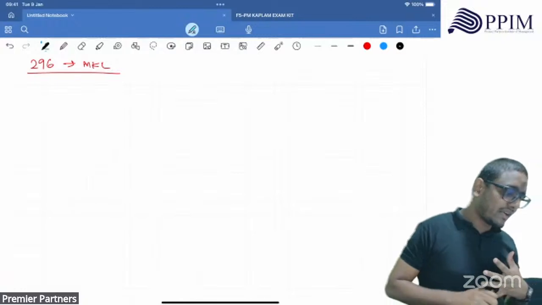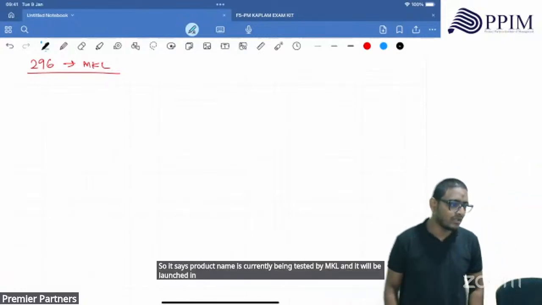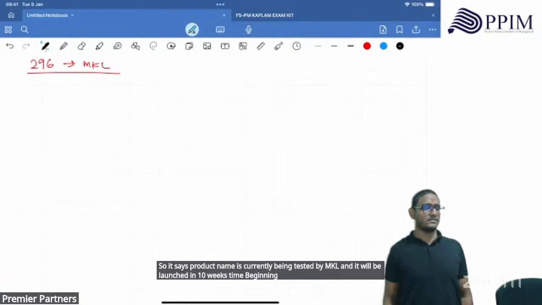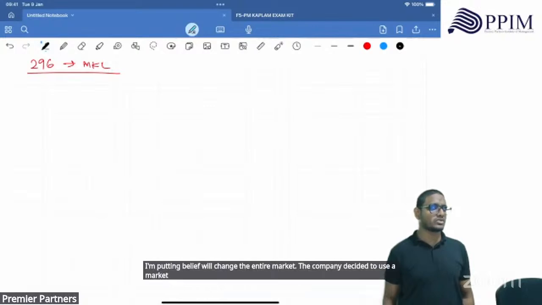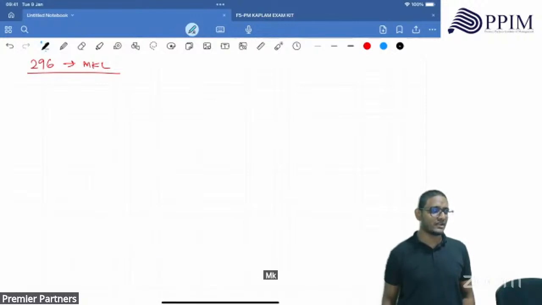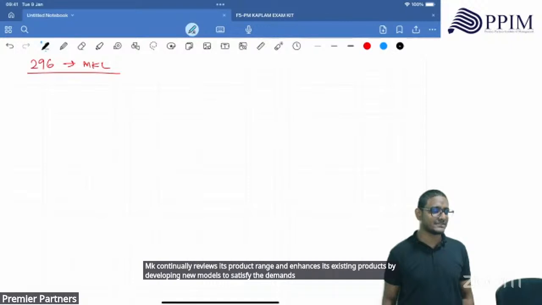It says product M is currently being tested by MKL and is to be launched in 10 weeks' time. The M is an innovative product which the company believes will change the entire market. The company has decided to use a market skimming approach to pricing this product during its introduction stage. MKL continually reviews its product range and enhances its existing products by developing new models to satisfy the demands of its customers.